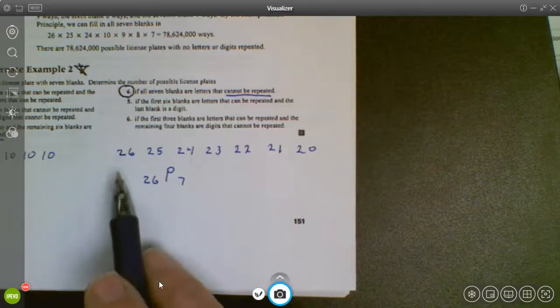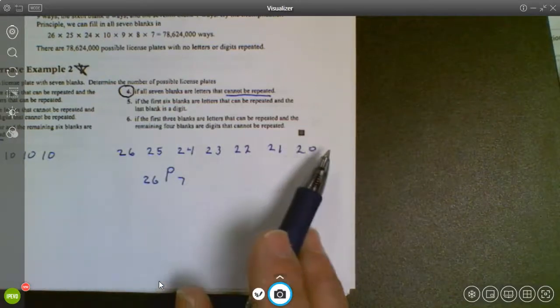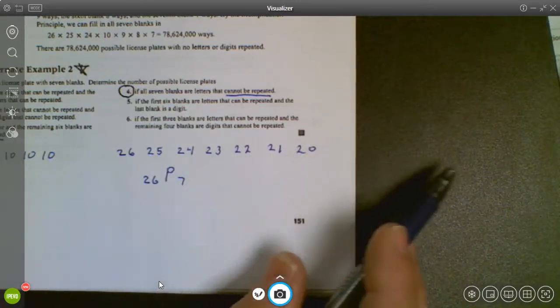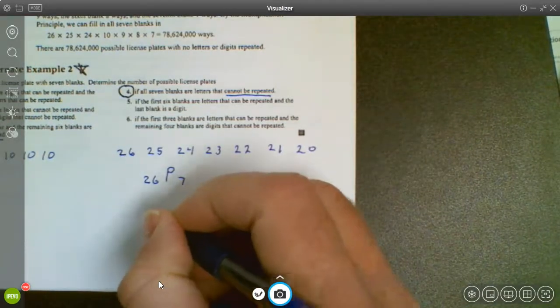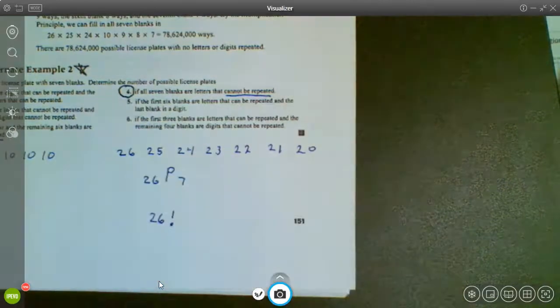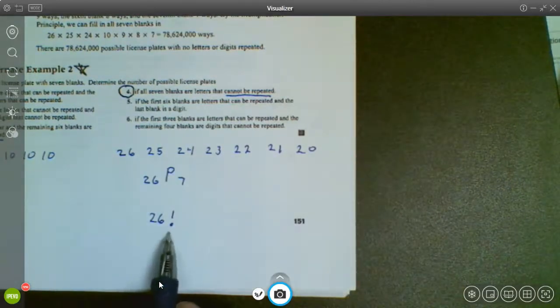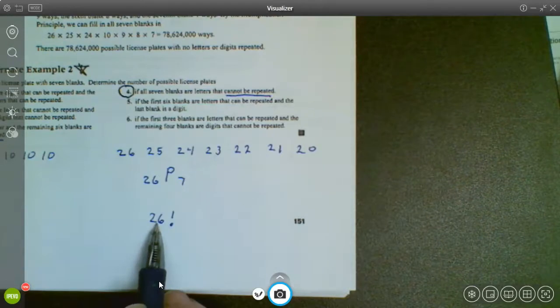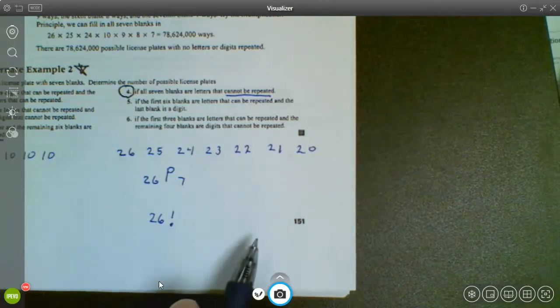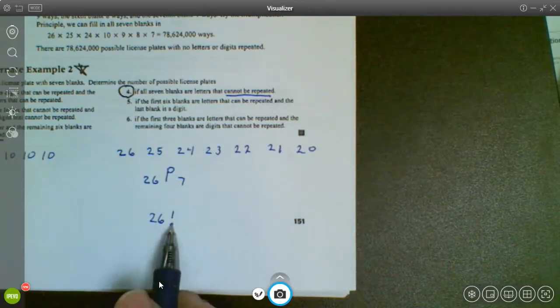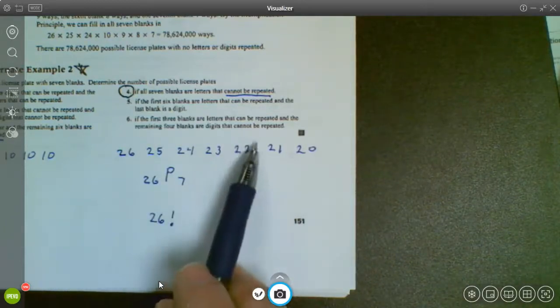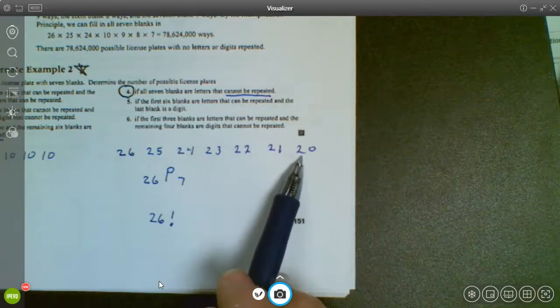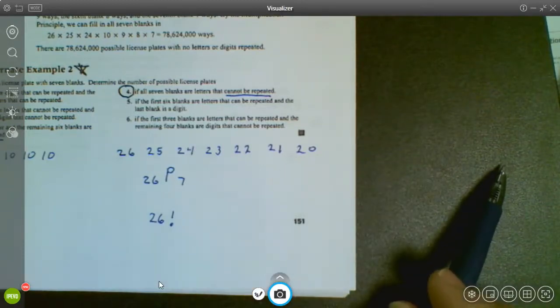If you were to use all 26 letters of the alphabet, so if you kept going all the way down to 1, then you would write it this way. 26 factorial means I am starting with 26 and I'm going to multiply all the way down to 1. But we only use this if you're going all the way down to 1. I couldn't use this in a case like this because I stopped after 7 items. I didn't continue going for all 26 items.